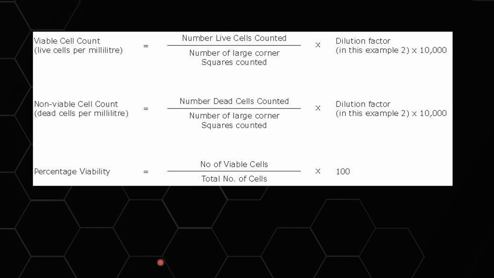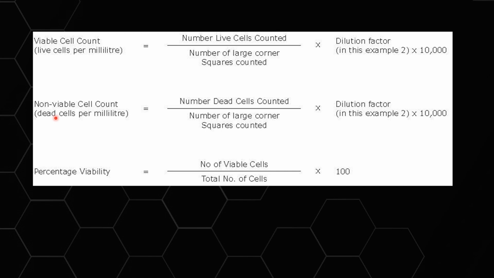So while calculating viable cell count, we count all the live cells and divide the number of live cells by the number of large squares counted. So for example, if we counted 4 large squares, we divide the total number of cells by 4, into dilution factor, into 10,000, and that's how we get the viable cell count.